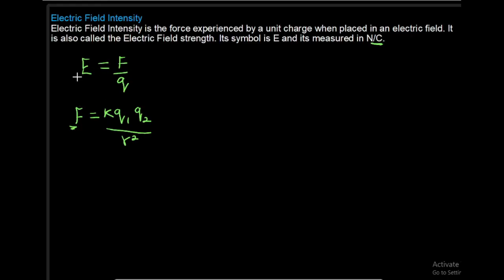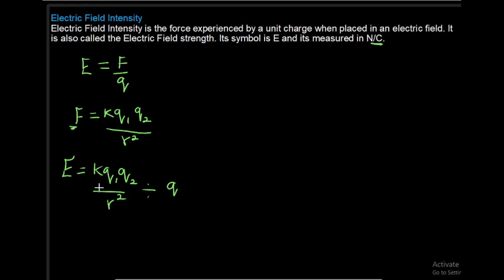Rather than writing E equals F over Q, we can replace this F with KQ1Q2 all over R squared. In that case, our equation becomes E equals KQ1Q2 all over R squared divided by Q, where the whole of this is our F. So we have E equals F divided by Q.